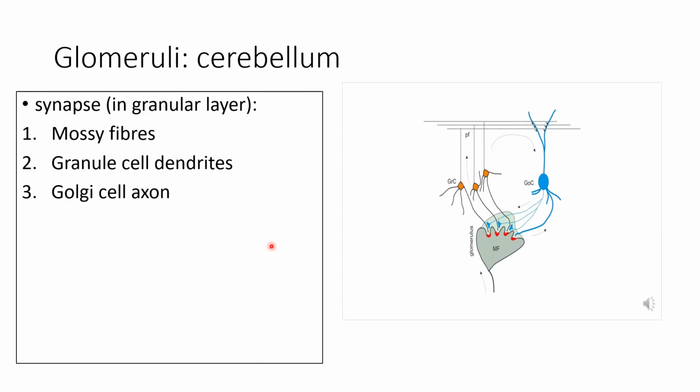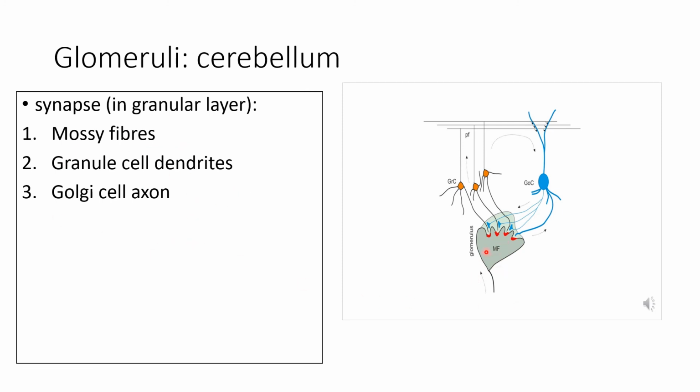This is how the glomerulus looks: the lesser stained, light stained areas in between the nuclei of the granule cells, which are the mossy fibers, the granule cell dendrites, and the Golgi axons.